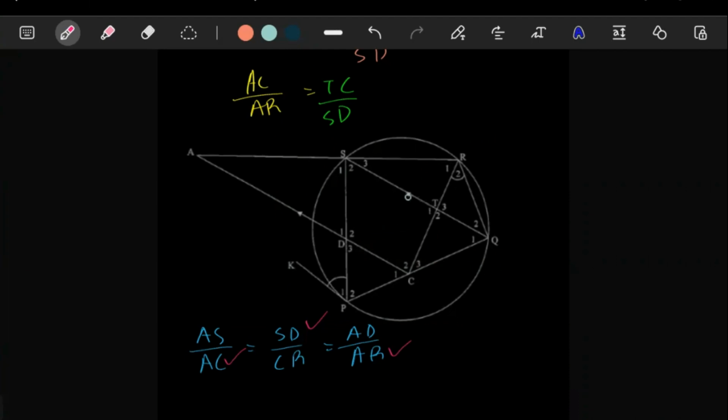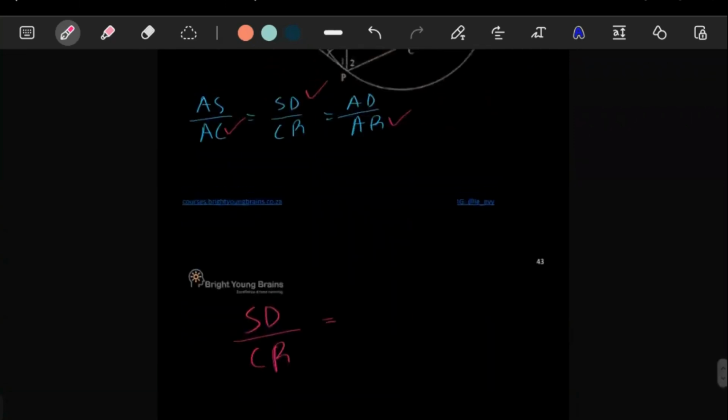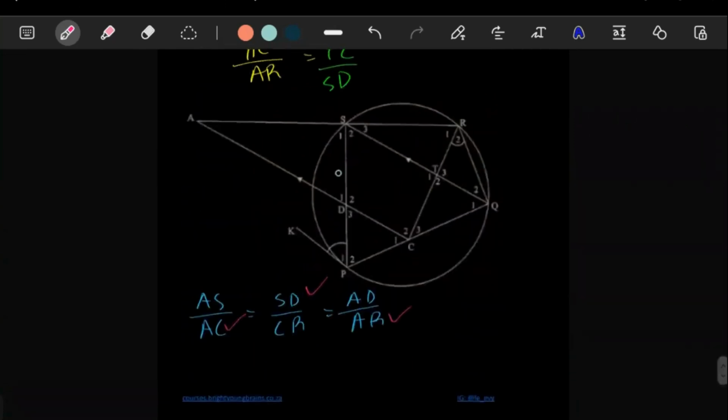One way we can incorporate them is to think of the proportionality theorem for our big triangle. Our big triangle has the sides SR. It also has TC somewhere over there. So let's see what we can do, because here we have SD, and we have CR that we have spoken about.